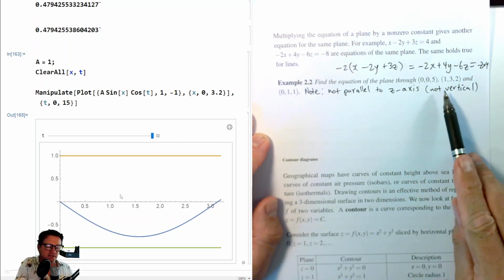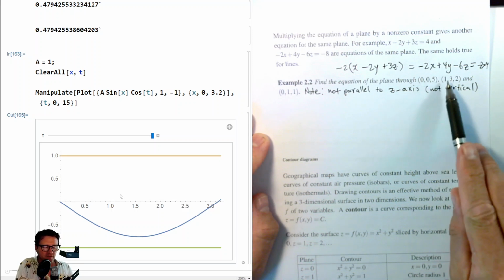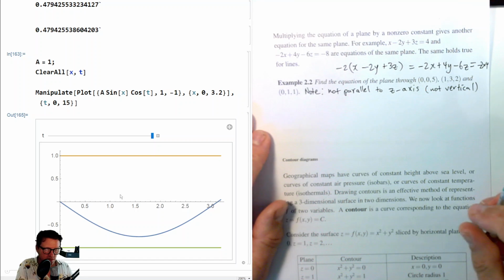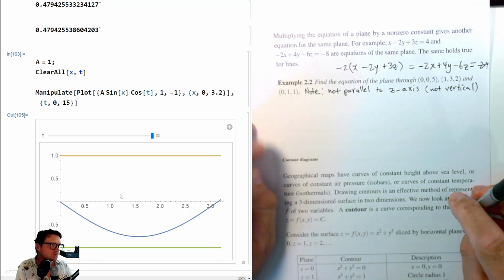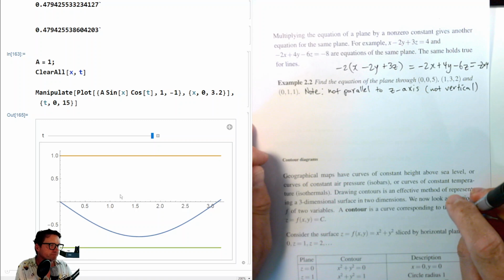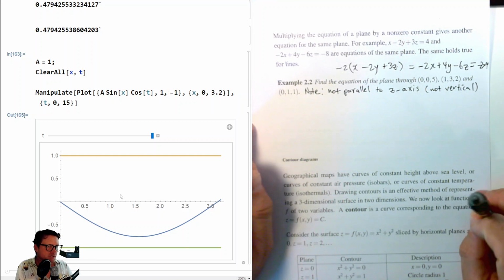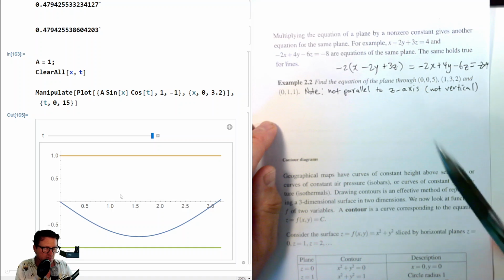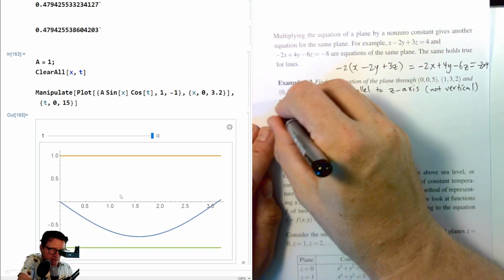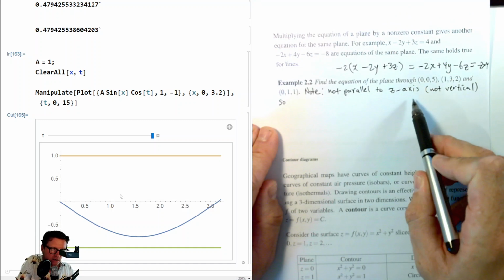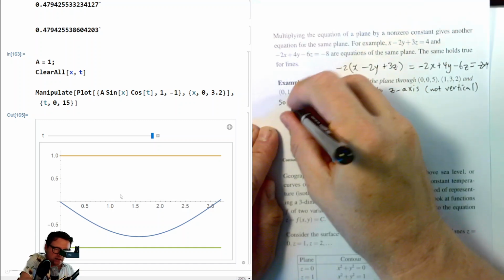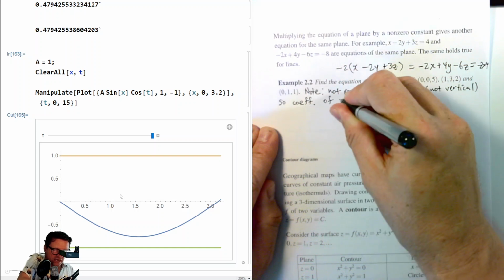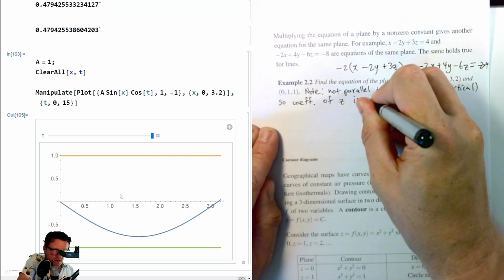Well, look at the points. I mean, there are various numbers in the x, y, and z coordinates, and so we don't always have this constant relationship between x and y. So it's not vertical. All right, so what you learn then is that since it's not parallel to the z-axis, the coefficient of z is not 0.